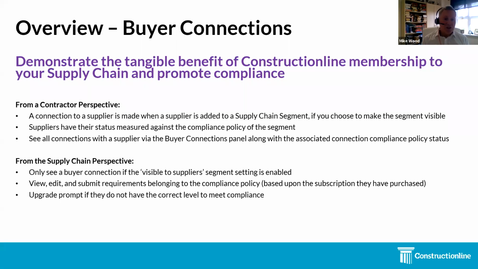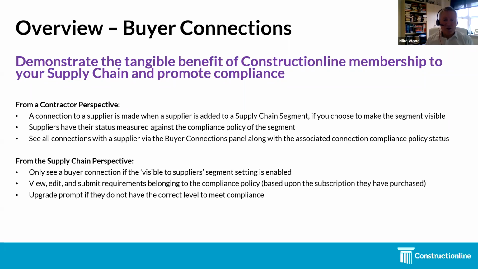And then from the supply chain point of view, they see that buyer connection, as I mentioned, if you have checked that visible to supplier segment and enabled it. They can then view, edit, and submit requirements that belong to the compliance policy, as long as they've got the right level of subscription. And this is also an important aspect for them: they'll also get an upgrade prompt.